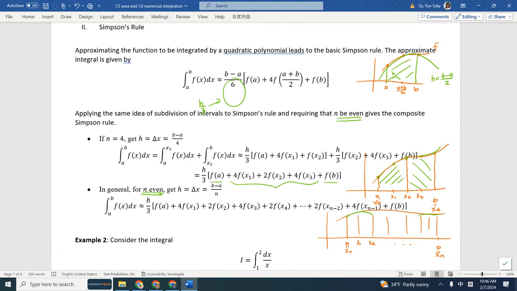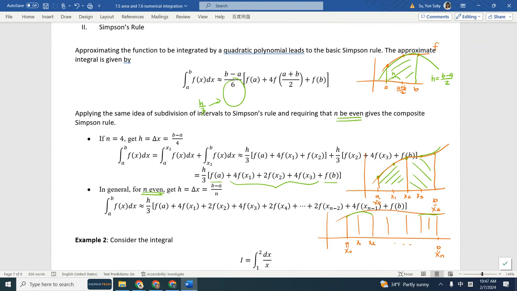So that's why it becomes 2 copies. And then x3, 4 copies, and b, the right endpoint, is 1 copy. So the interior points follow the pattern 4, 2, 4, 2, alternating. So if we have n in general, the formula of the Simpson's method is h/3.